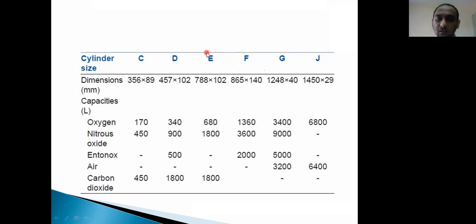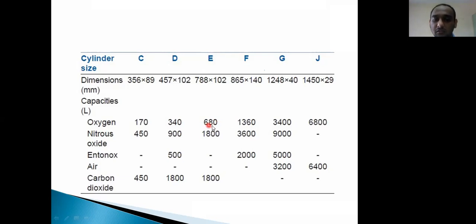Whatever the transfer, when the patients are being transferred, see the cylinder type that is being used, and check the pressure. All cylinders have a pressure gauge, which helps us to know what is the remaining amount of gas inside of it, and that helps us to know how long the cylinder is going to last.